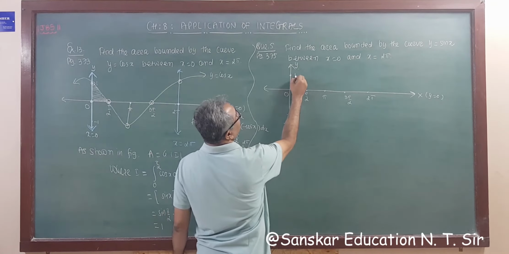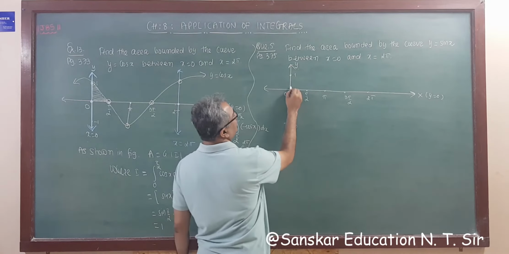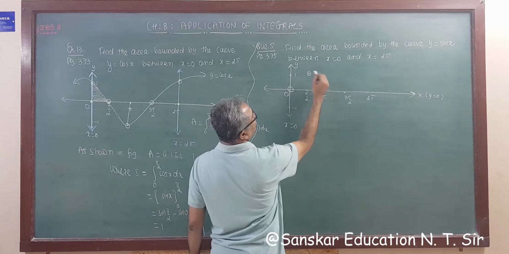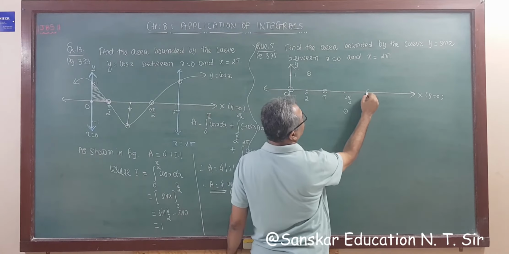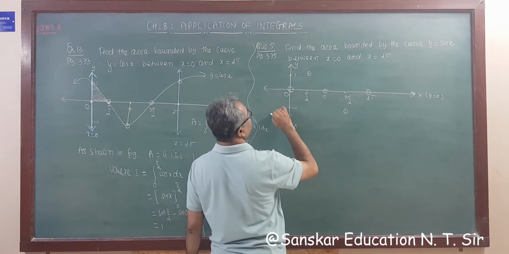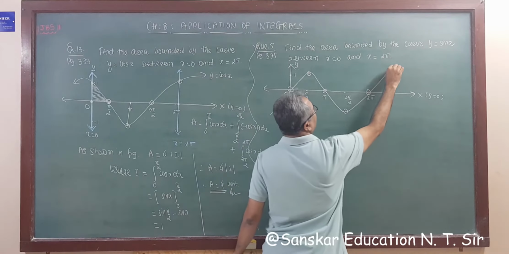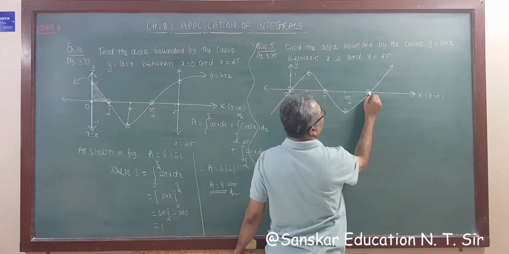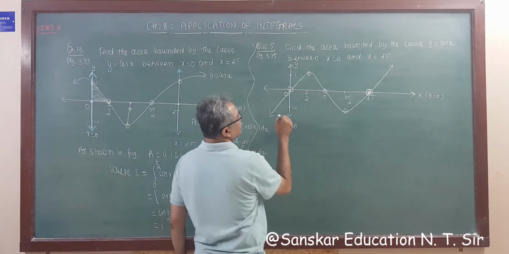And this point is 1 and this is minus 1. Now as you know, sine 0 is 0, sine pi by 2 is 1, sine pi is 0, sine 3 pi by 2 is minus 1, and sine 2 pi is 0. So if we join these points, then the graph of the sine function will be like this, right? This is a graph of y is equal to sine x.